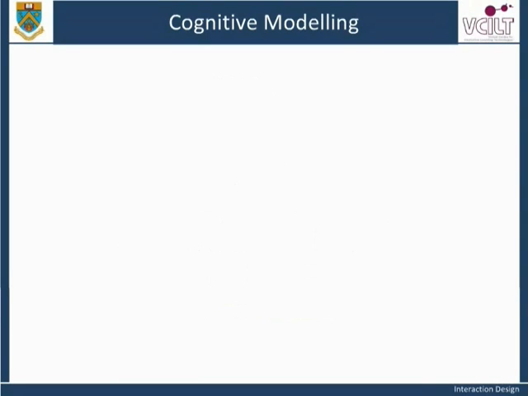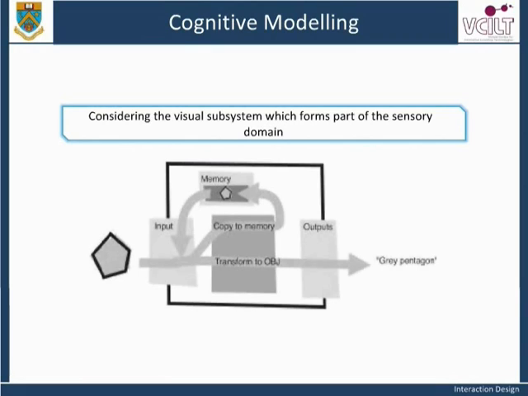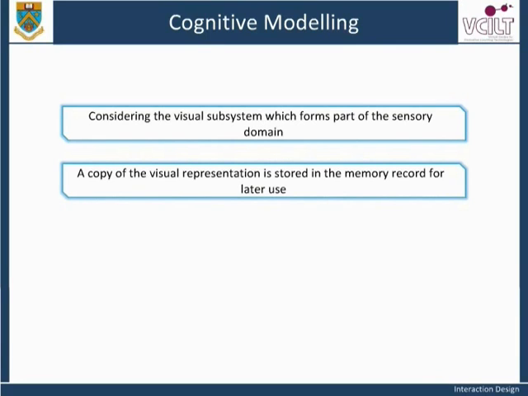A good point to start understanding ICS is by considering the visual subsystem illustrated in the diagram, which forms part of the sensory domain. It takes input from the eyes in the form of sensory representations with information about edges, angles, shades, contrasts, hues, etc., and transforms it to object representations with information about depth, position, orientation, shapes, etc. Note that a copy of the visual representation is stored in the memory record for later use.